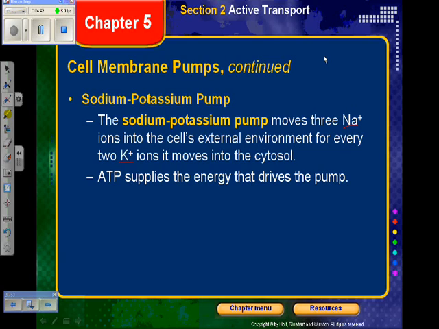So let's try to show that happening here. It's going to be taking out of the cell, trying to draw my arrows here, 3 sodium, 3 sodium out of the cell for every 2 potassium.